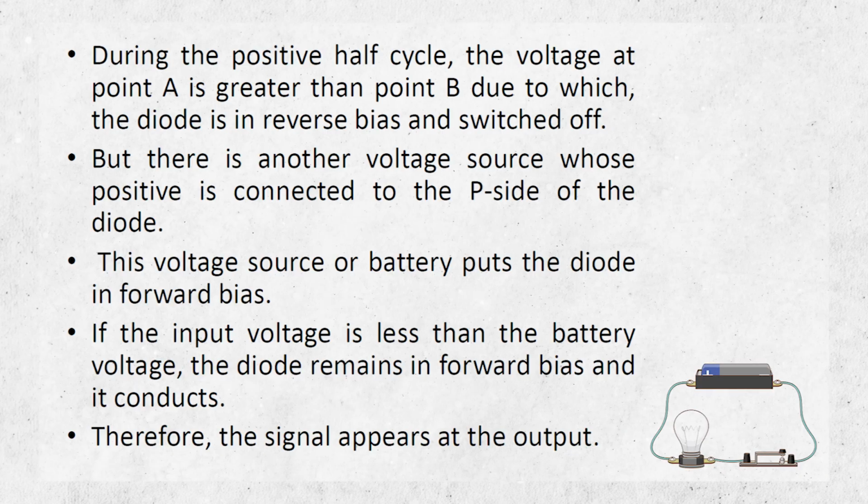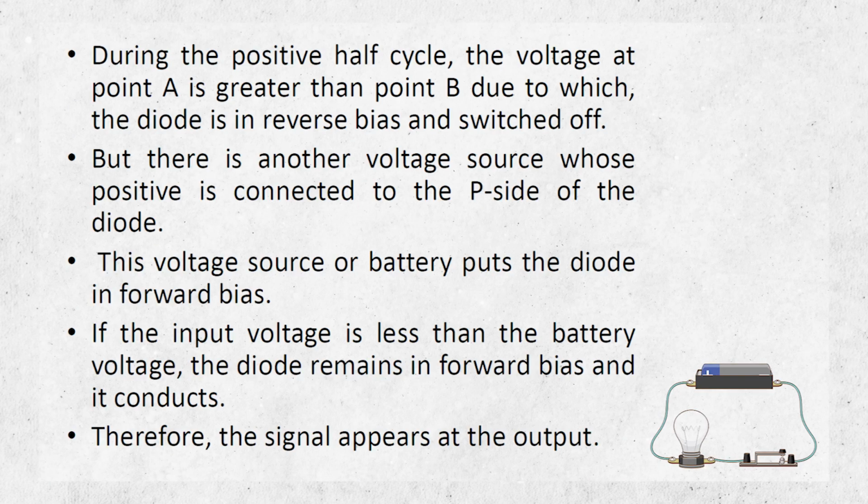During the positive half cycle, the voltage at point A is greater than point B, due to which the diode is in reverse bias and switched off. But there is another voltage source whose positive is connected to the P side of the diode. This voltage source or battery puts the diode in forward bias.